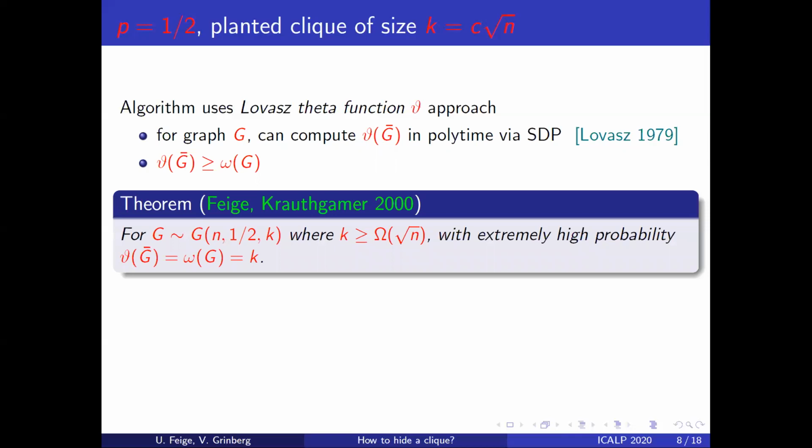In the work on a polynomial time algorithm for the randomized planted clique problem, Feige and Krauthgamer showed that for graphs in the G(n,1/2,k) model with k at least square root of n, with extremely high probability, the clique number of the graph is equal to the Lovász theta function of its complement, and both are equal to k.